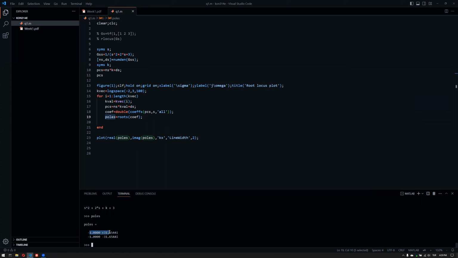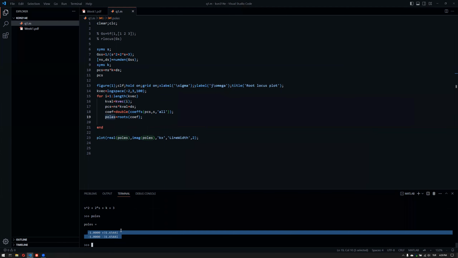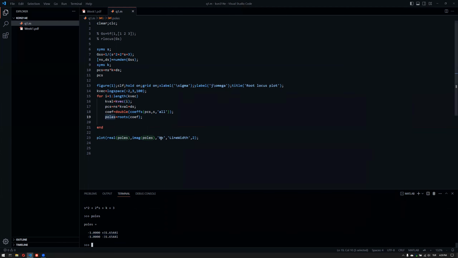We have this complex conjugate pole pair as a column vector, and we're basically placing some crosses where these are the locations. And that's it. A wiser choice would be to accumulate this into a matrix, and then pick one pole from the starting point for k0 up to k infinity. We should basically plot the path of the resulting branch of the root-locus.